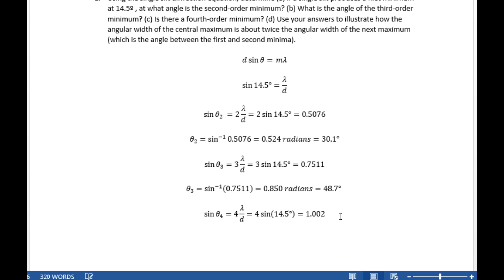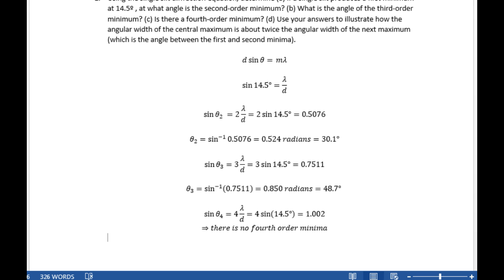So there is no fourth order minimum, because the sine cannot be greater than 1.